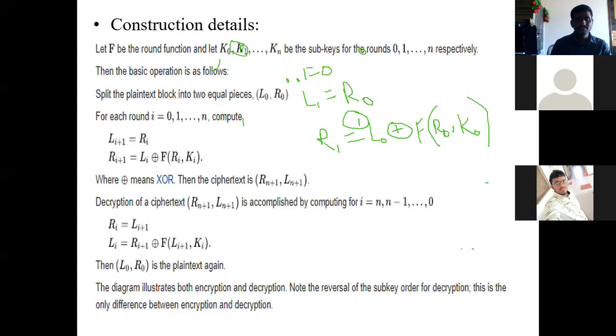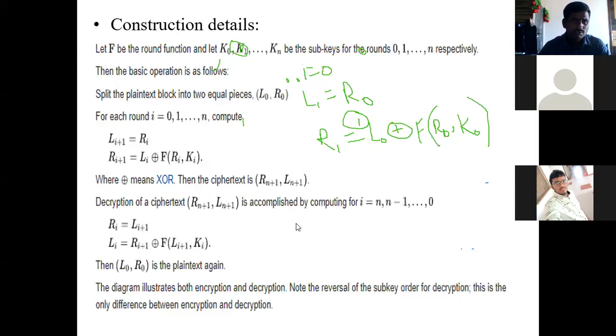In decryption it is reverse: it is the ciphertext R(n+1), L(n+1), and here we go from n down to 0. So if you want R(i), it is L(i+1). If you want L(i), it is R(i+1) exclusive OR F of R(i+1), K(i).